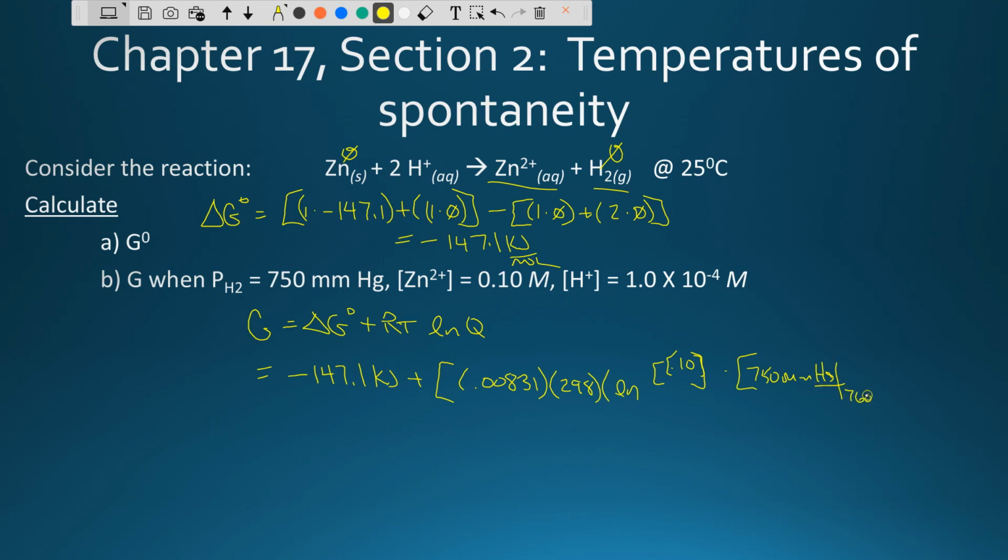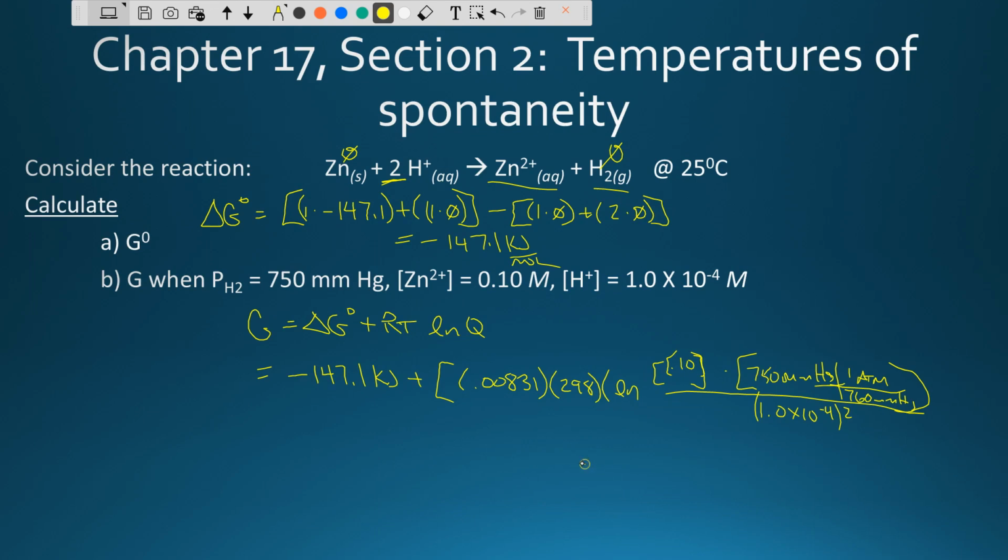So 760 millimeters of mercury to 1 atmosphere. And that all goes over my zinc, which is a solid, and then my hydrogen concentration. My hydrogen concentration was 1.0 times 10 to the negative 4. Now remember, that's going to be squared.